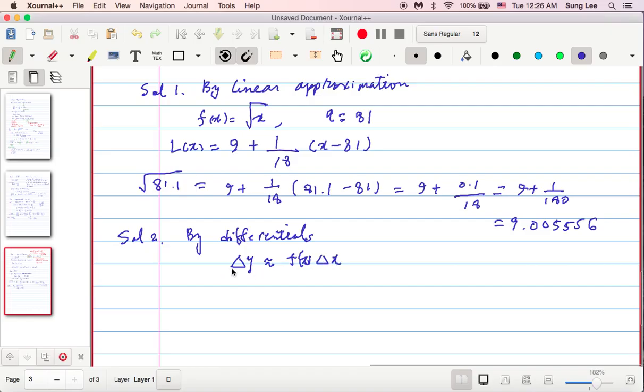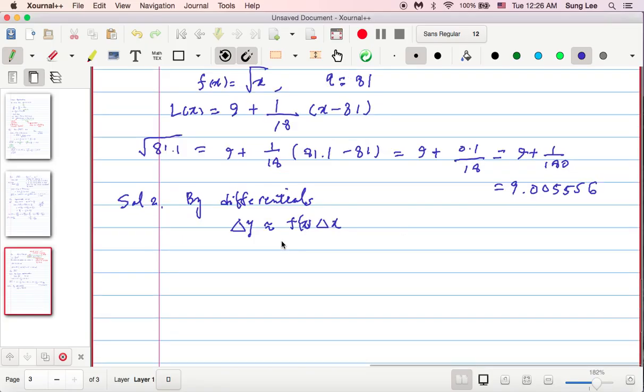The present form is not actually convenient for us to use to find the approximation. So I'm going to slightly change this, okay?